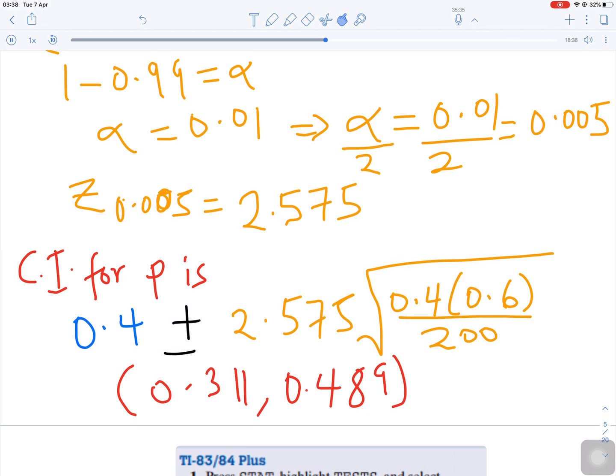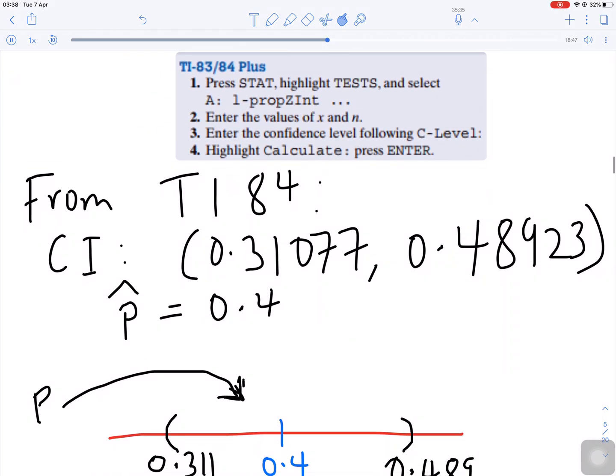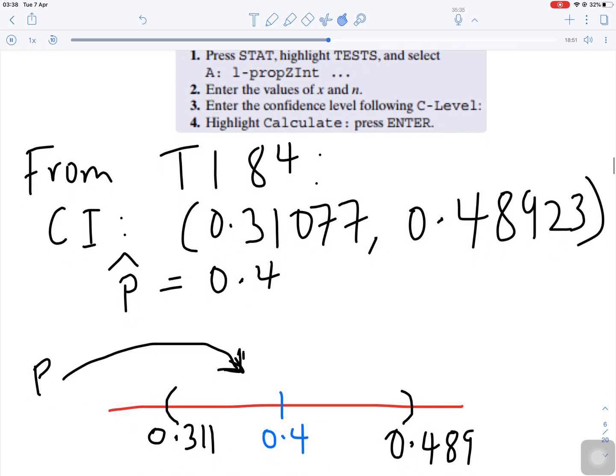But what if we want to use technology just to get our results? So using the TI-84, the steps are provided. Look at it, practice it, and get used to it. It takes you through 4 steps. You first do your stats, tests, and then in tests you search for option A, which is 1-PropZInt. It asks you to enter your x, your n, and then enter the confidence level that you are working with.